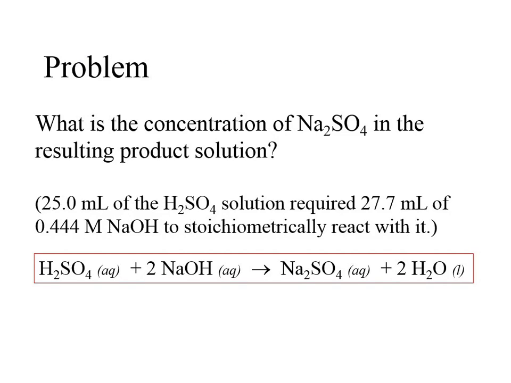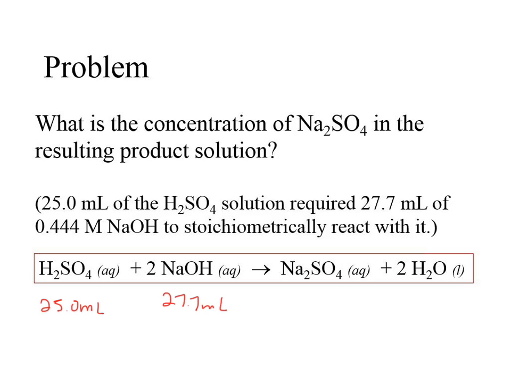Another one. Actually, this piggybacks off the same problem that we just did, okay? So basically, they say we're going to take 25.0 milliliters of H2SO4 and 27.7 milliliters of NaOH.